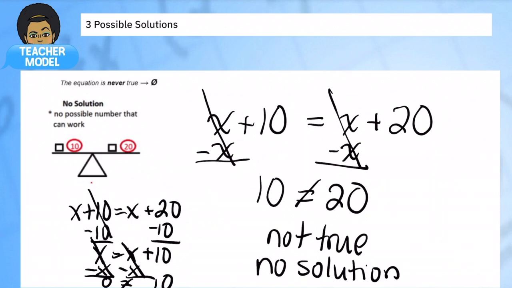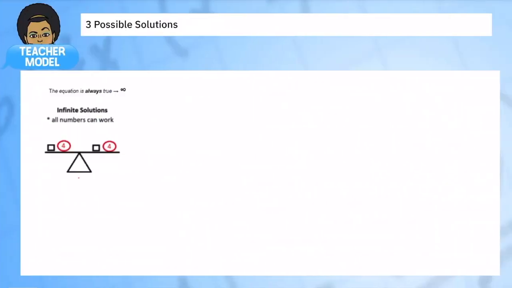And let's look at one more scenario. In this case, we're going to talk about infinite solutions. And I'm just going to express this as x plus 4 is equal to x plus 4. Just by looking at it, we can see both sides have the exact same value.